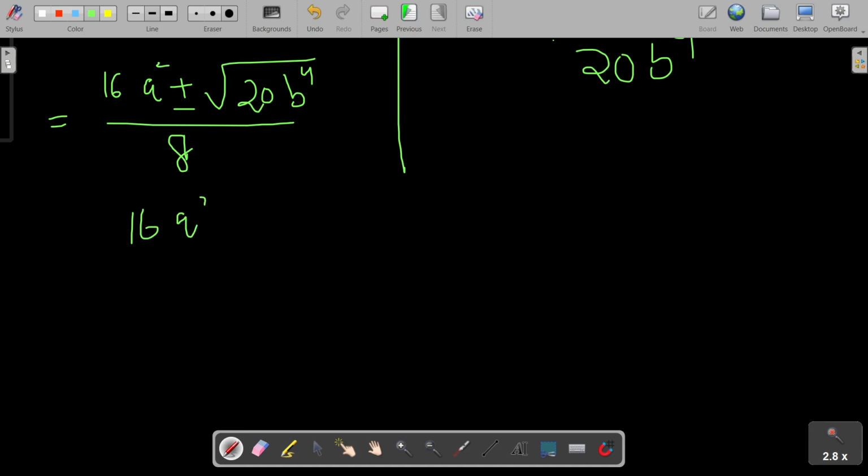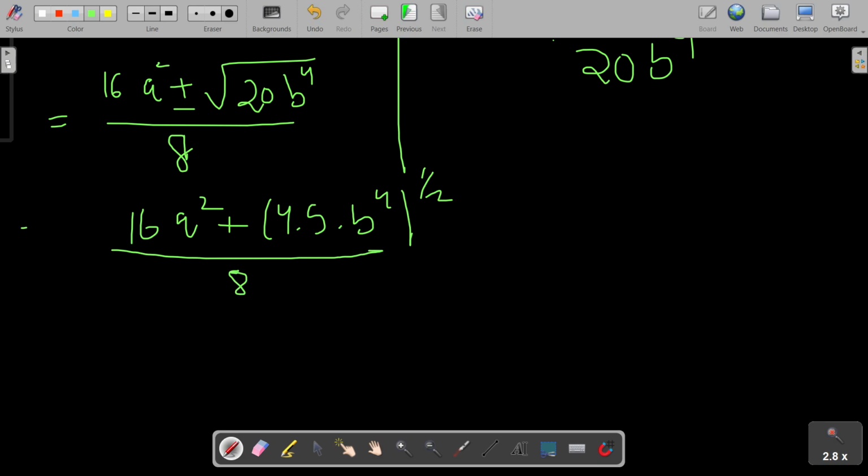So there are two values, plus and minus. This thing is 4 times 5 times b power 4, whole power 1 by 2, the square root means 1 by 2, over 8.